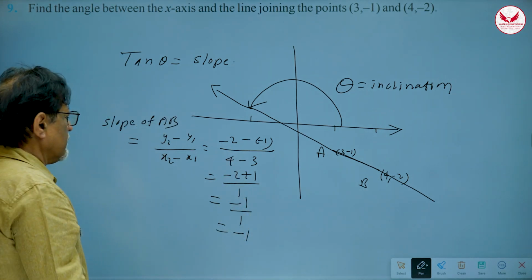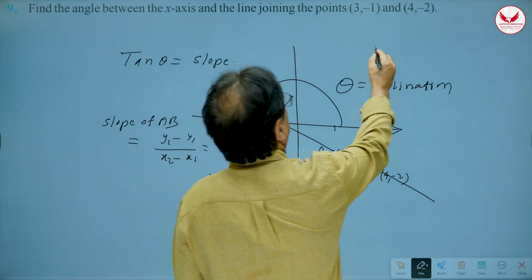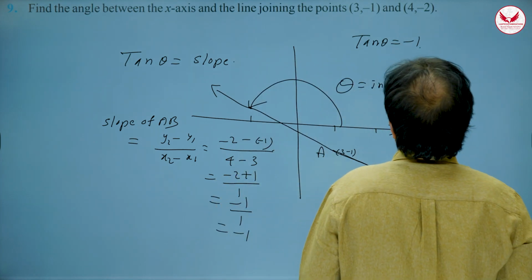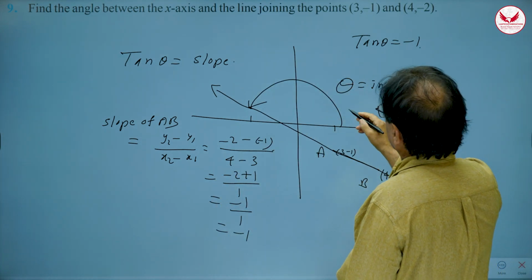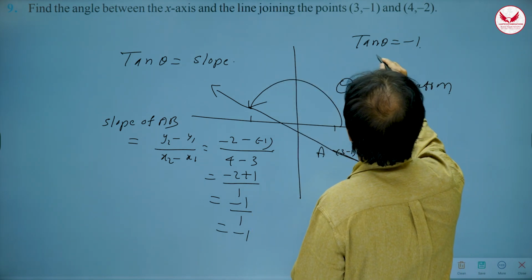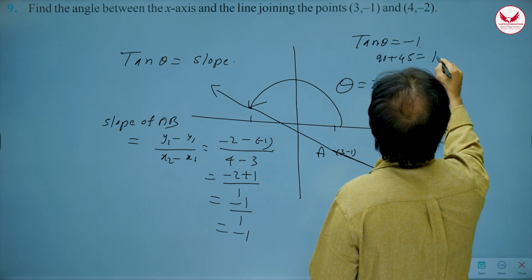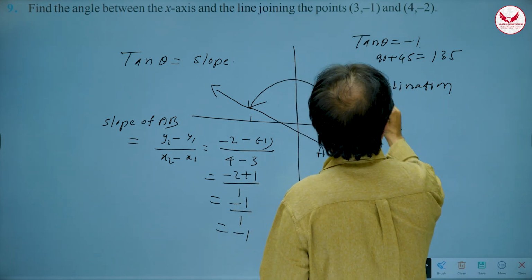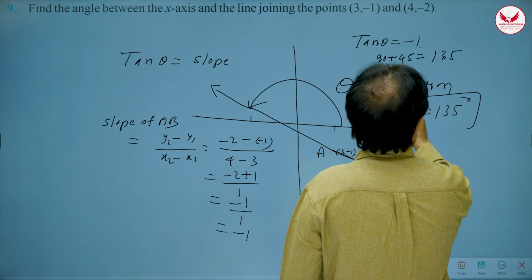So the slope of AB is -1, which means tan theta is -1. Tan theta is -1 means it is in the second quadrant, and this angle is totally 90 plus 45, which is equal to 135. So theta is 135 degrees. That is the answer.